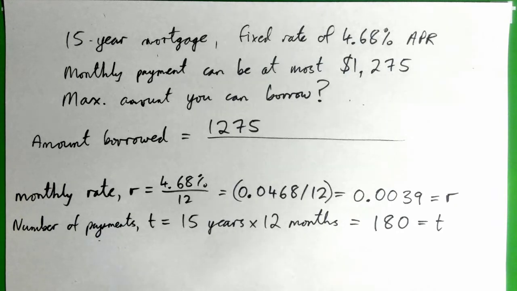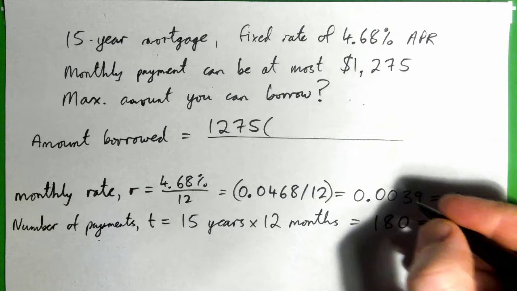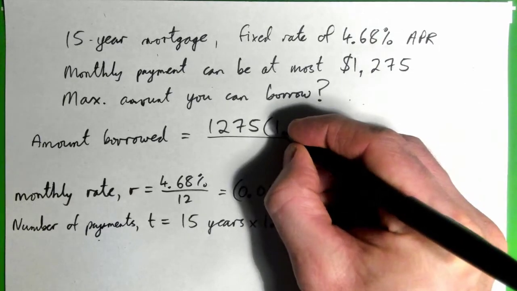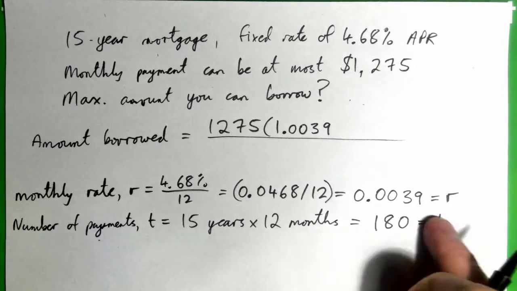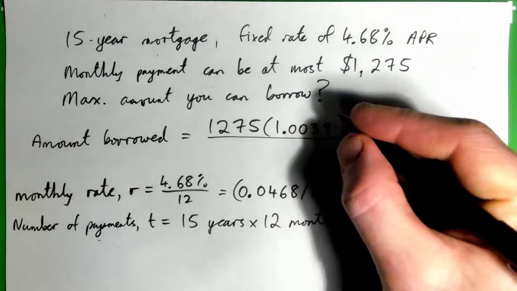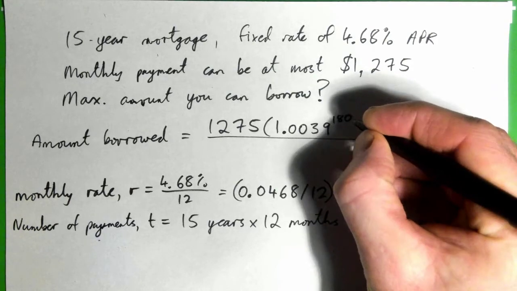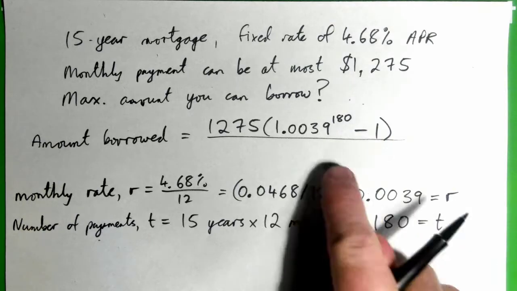And the formula tells us that we need to go monthly payment times 1 plus R, which is 1.0039. We can just add it straight on. It's a nice clean decimal. 1 plus R to the power of T, so to the power of 180.